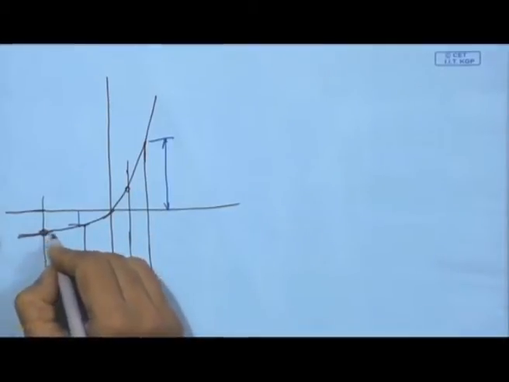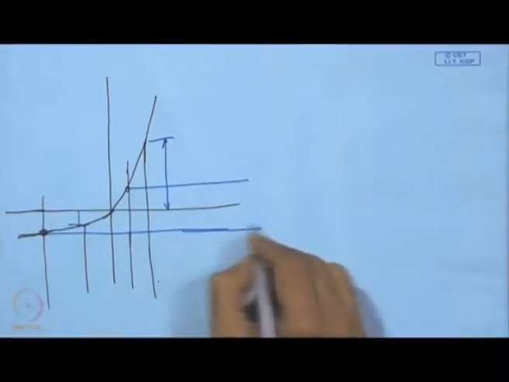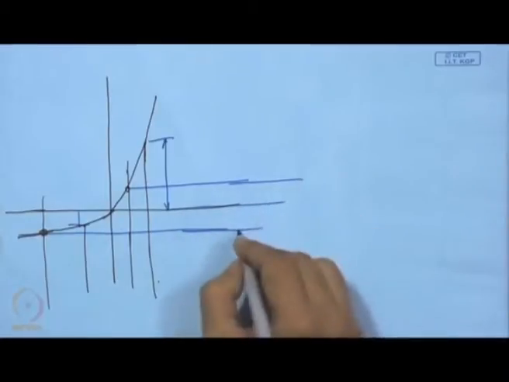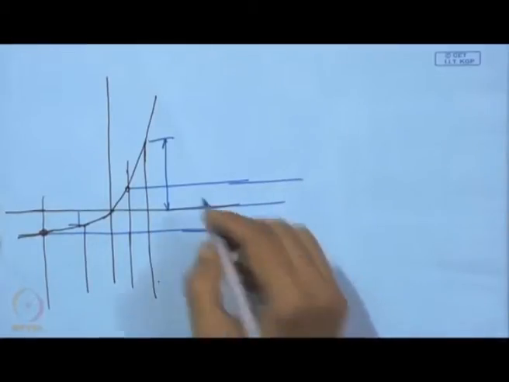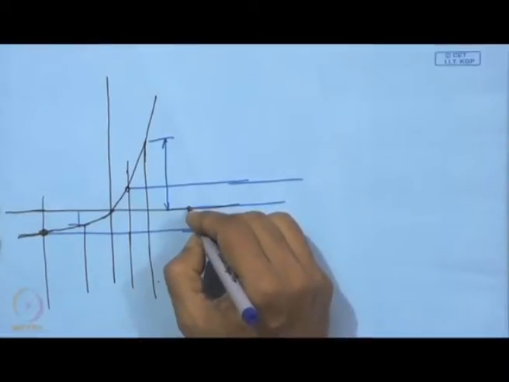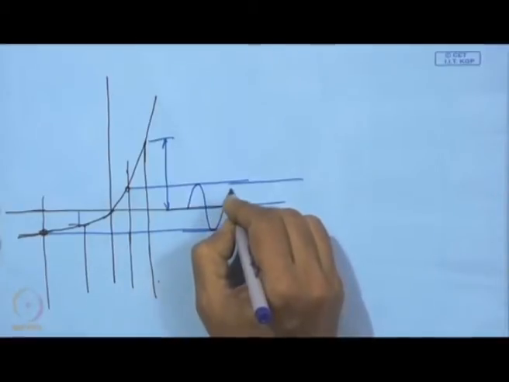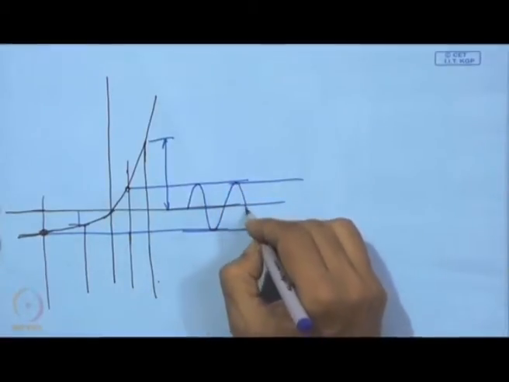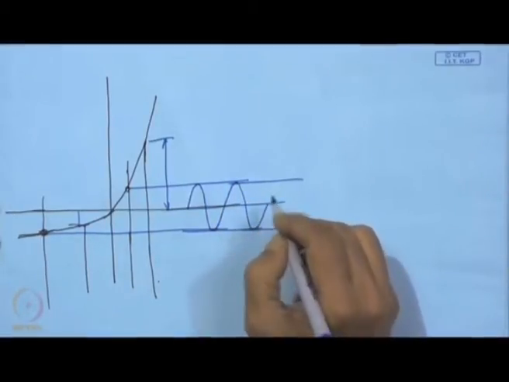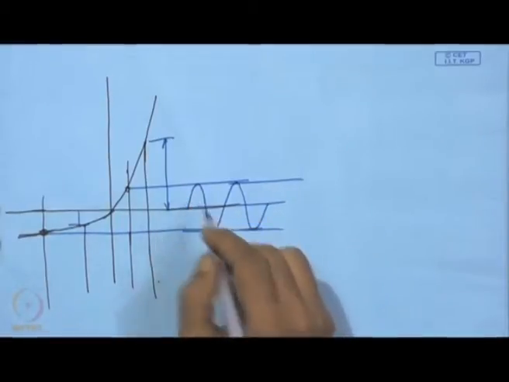if we draw these two lines, then what we see is that this waveform has taken a different shape and also different magnitude.